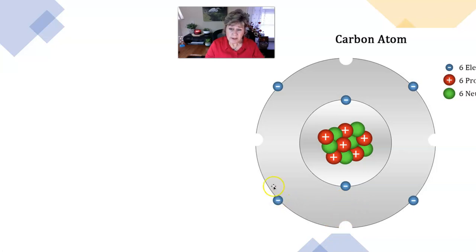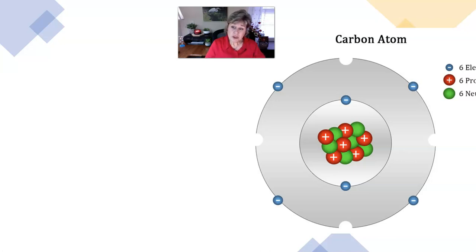So what's important is that in this outer valence shell, I know you studied chemistry at some point, this outer valence shell, which is an orbital where you find electrons, you notice that there are 1, 2, 3, 4 electrons, but you also need to notice these little blank spots. 1, 2, 3, 4. So carbon wants to have 8 electrons in its valence shell. It has 4.